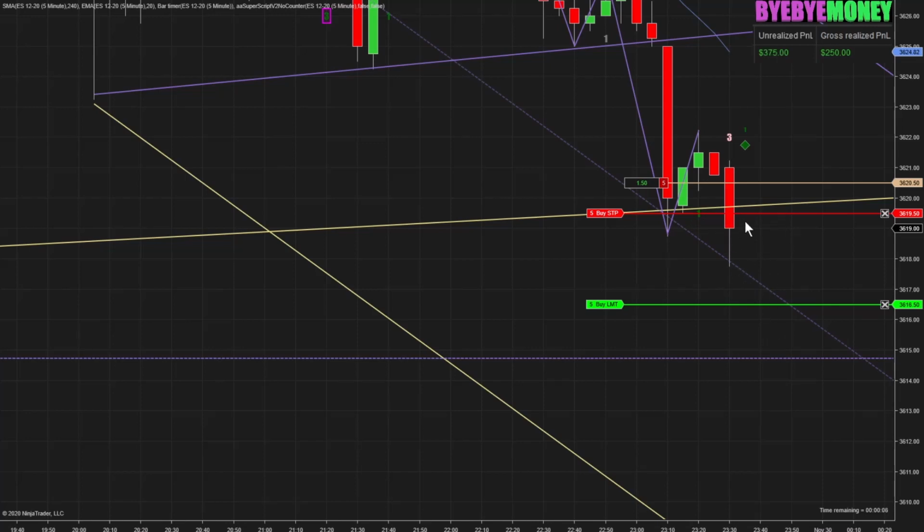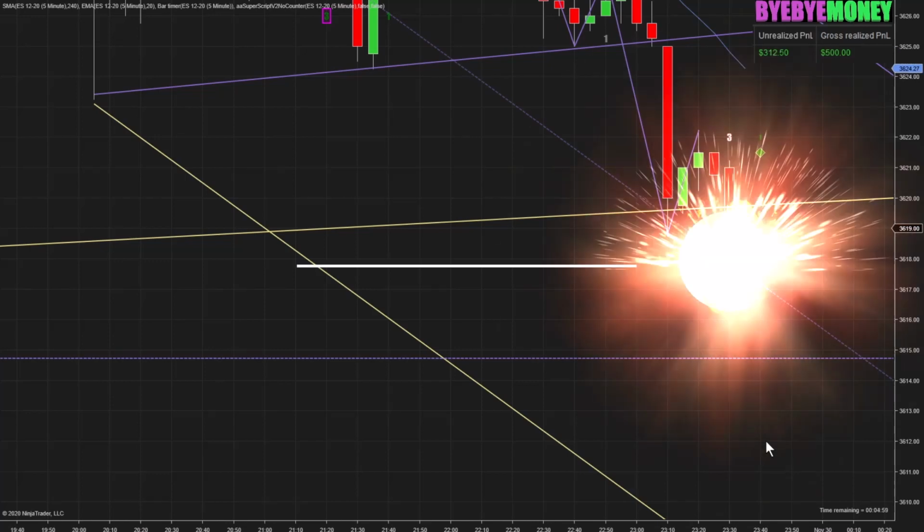Creating a tail now. Most likely will get stopped out, but no risk trade for me. Stop filled.